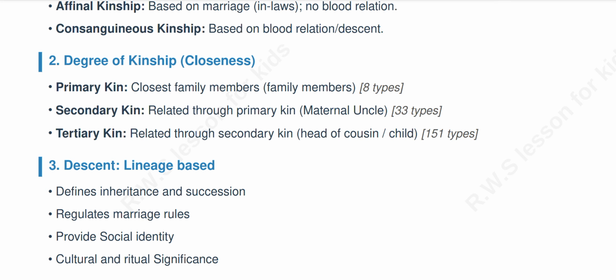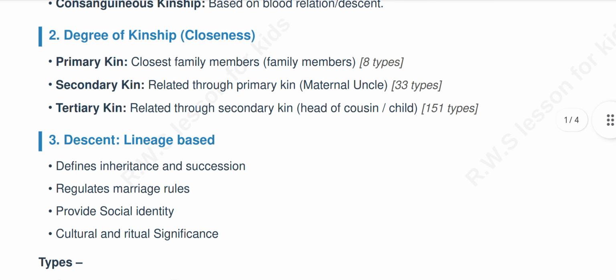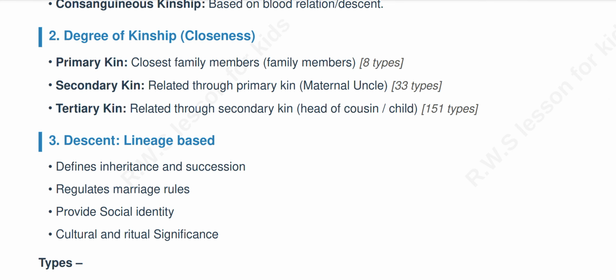For your mother, she is a secondary kin, right? But for you, she is a tertiary kin. Do you understand? Here a maximum of 151 members can be there. And one more example written here is husband of cousins.